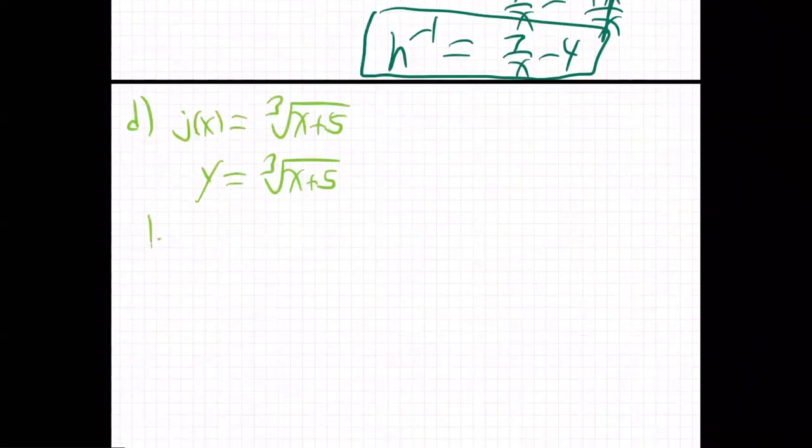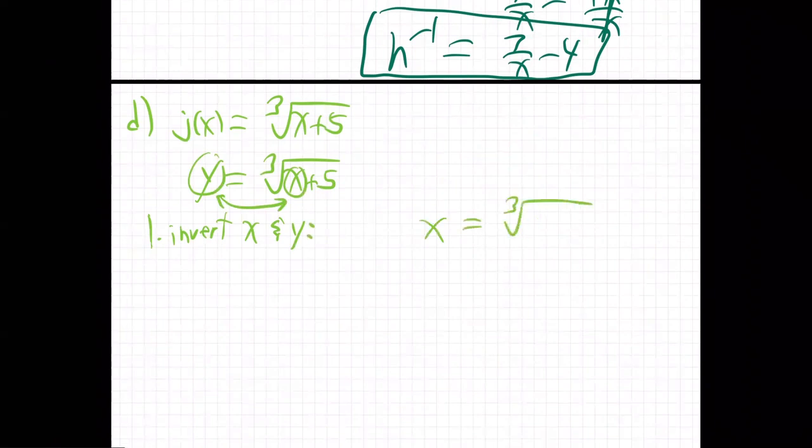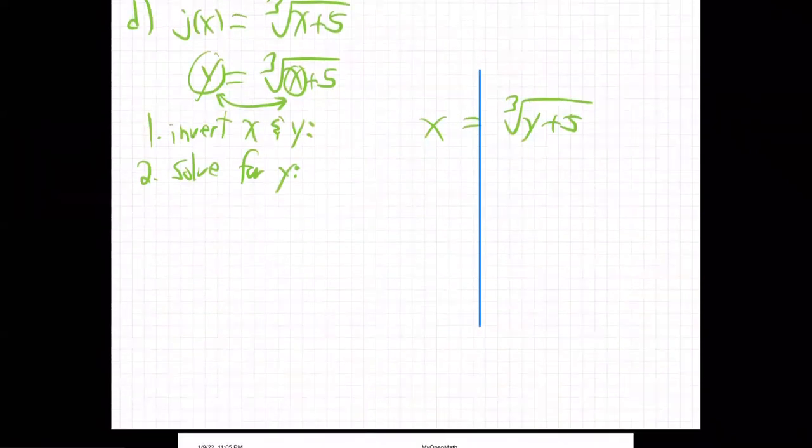So step 1, invert or switch X and Y. So I grab that Y, grab that X, and switch them. So it becomes X out here and Y over there. And then step 2, solve for Y. So Y is saying, I want to be alone.